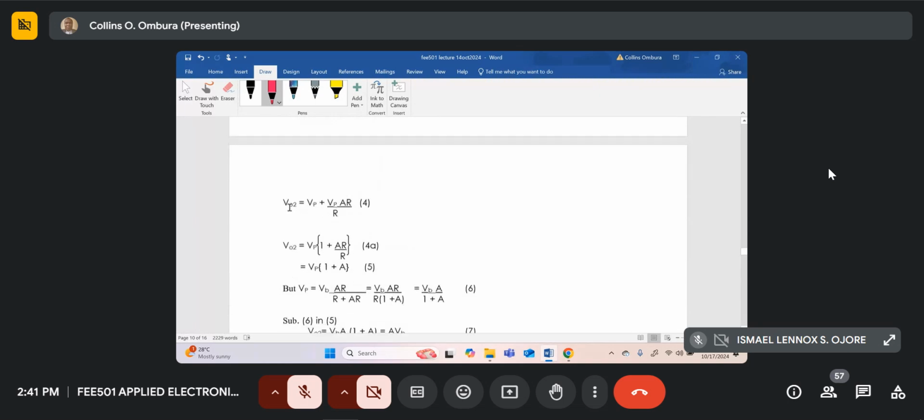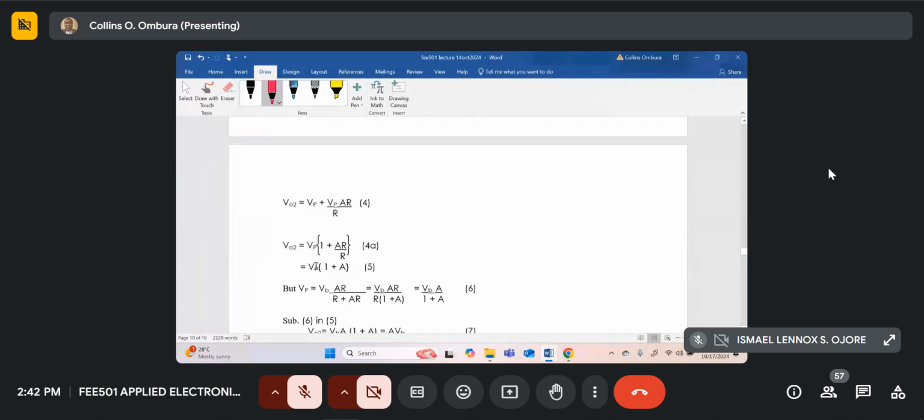So equation 4: V02 is VP plus I into AR, but I is VP divided by R. So I can take VP common from equation 4. V02 is VP into 1 plus AR divided by R. So the R's cancel in equation 4, and you get 5, which is VP into 1 plus A.